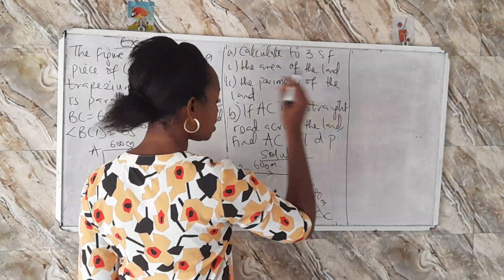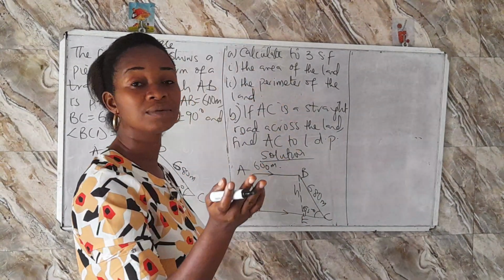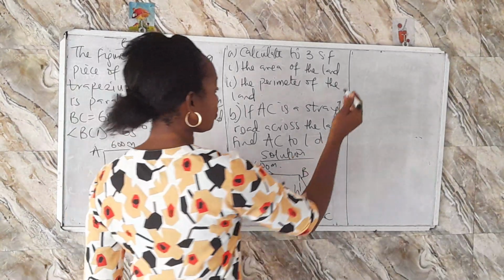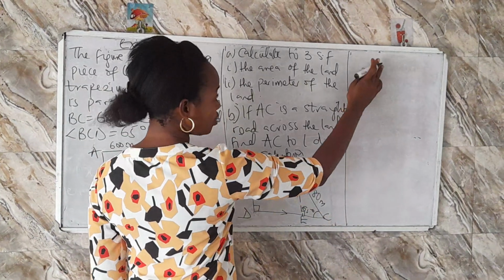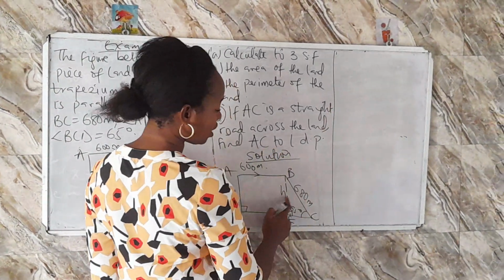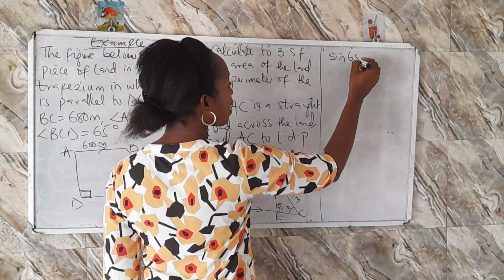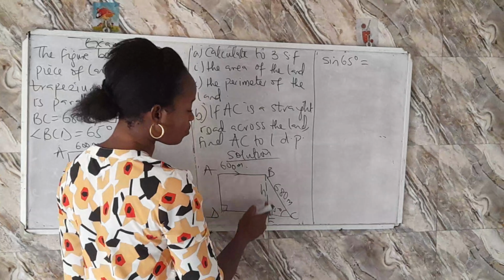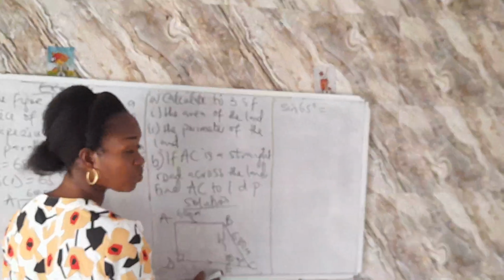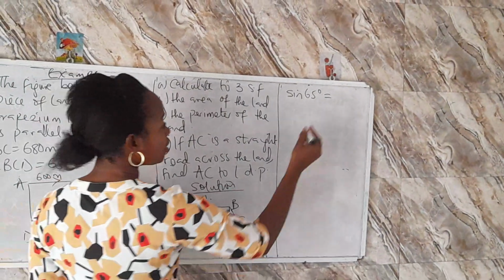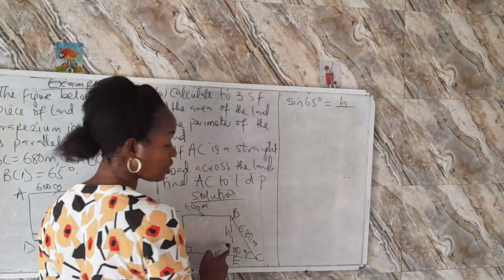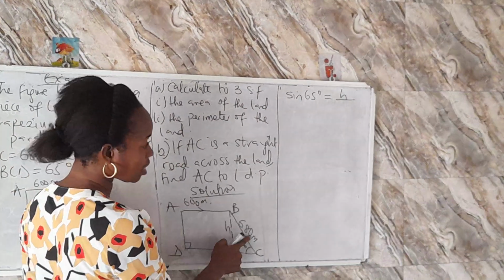Alright, so now we are using trig ratios. We are using sine, right? So sine 65 degrees is opposite over hypotenuse. Our opposite is BE, which is h now, over hypotenuse, which is 680.